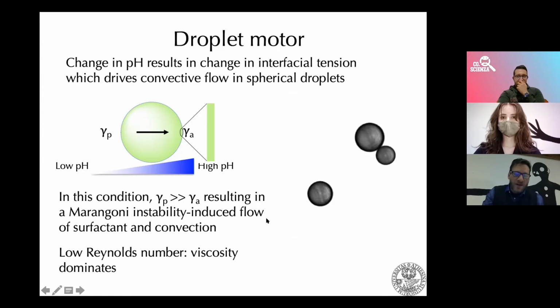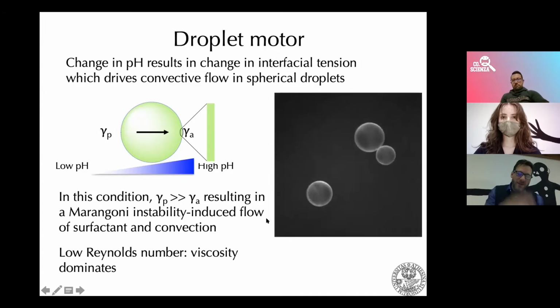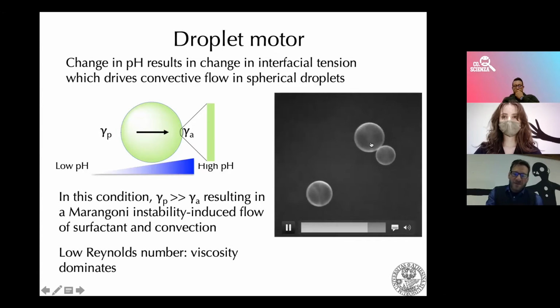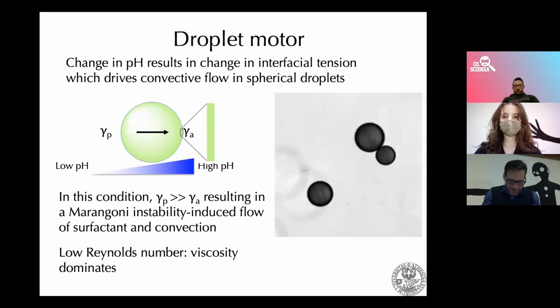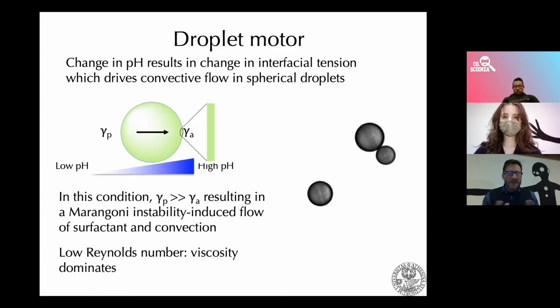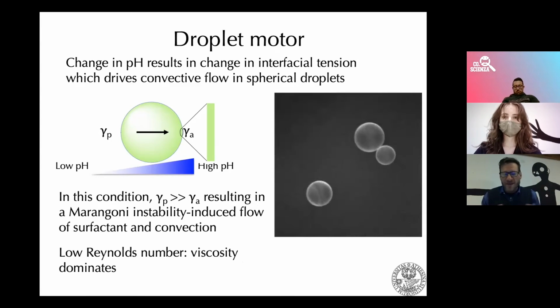And so the pH that the droplet produces is responsible for this tension imbalance around the surface. And that's responsible for fluid motion, which are these convective cells that allow these things to have some fluid dynamics. And because we're working at low Reynolds numbers, again, it's not important that you understand this, but what's important is that you understand that viscosity dominates.